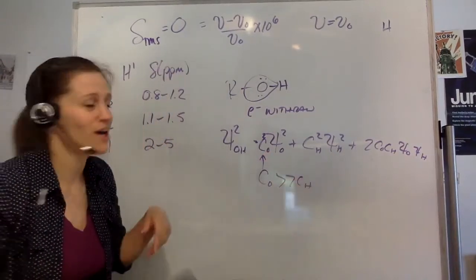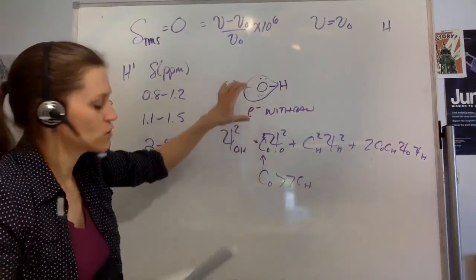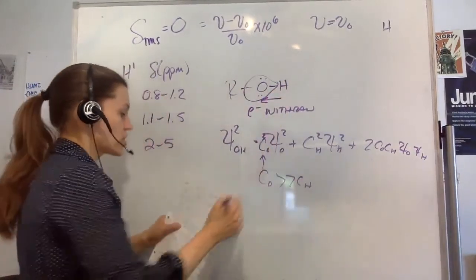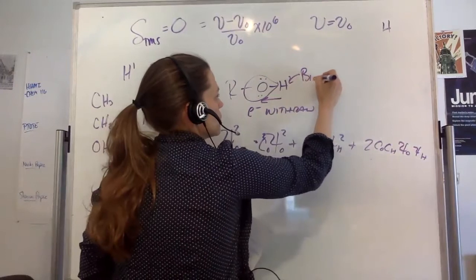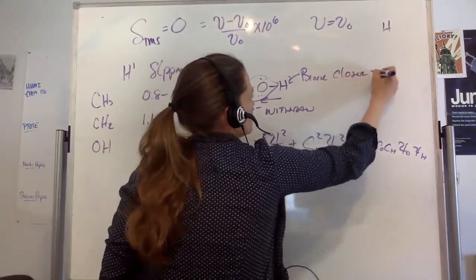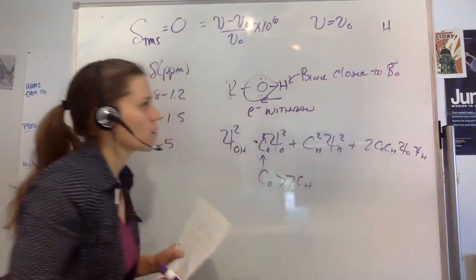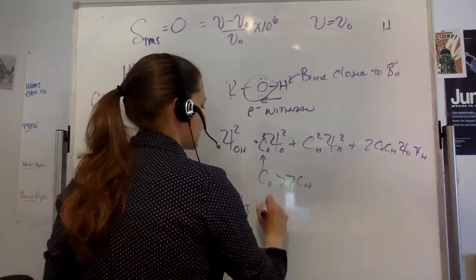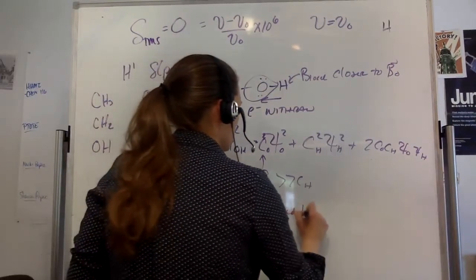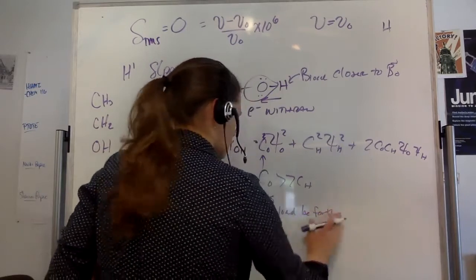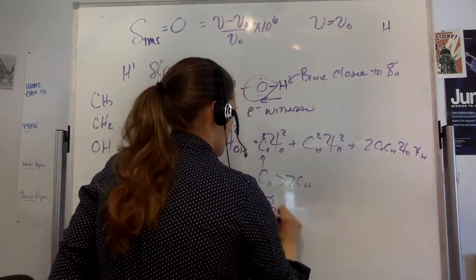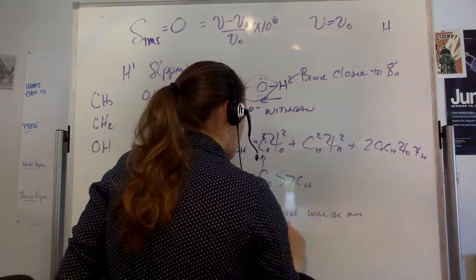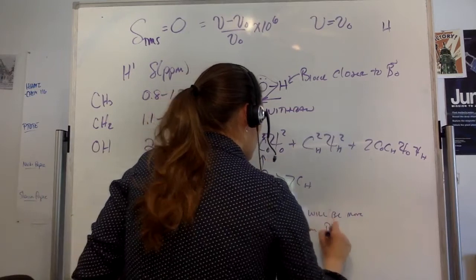But because you've got many more electrons here, the electron density is pulled away from the hydrogen, which causes this B local to be closer to B0, okay? Whereas for a CH3 group, that proton, you're going to have B local be farther. B local will be more different than B0.